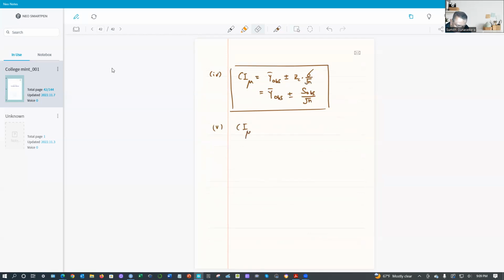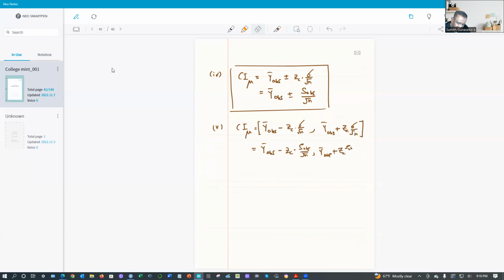The confidence interval for mu is y bar obs minus CC sigma over square root n, comma, y bar obs plus CC sigma over square root n. Brackets mean interval. Or y bar obs minus CC s obs over square root n, comma, y bar obs plus CC s obs over square root n.